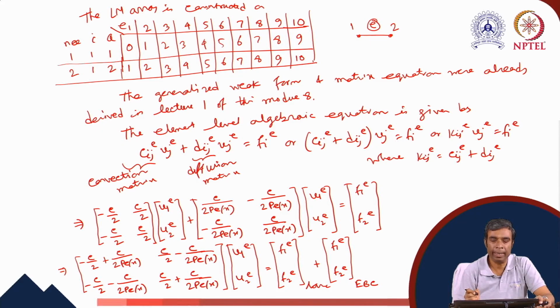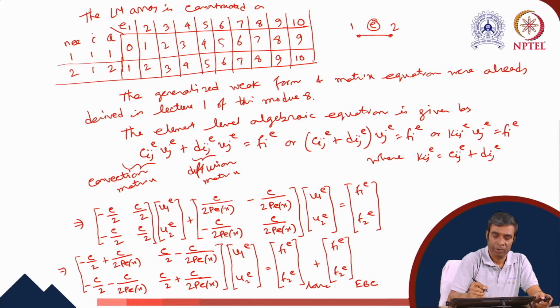Now we can again simplify this expression. One correction here: this is 0, equation number at the essential boundary node. The arrow was missing here.